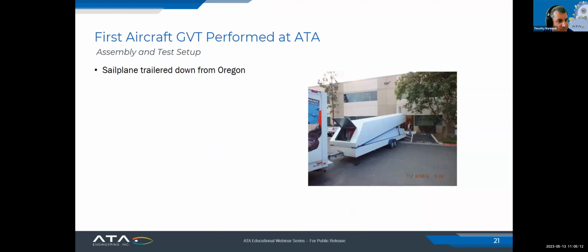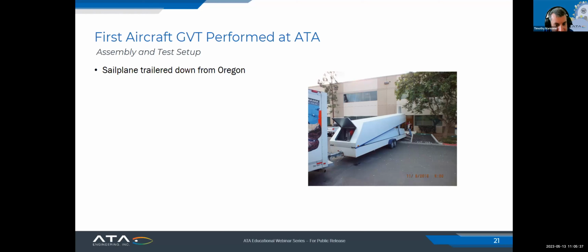This was kind of interesting because most of the time when we're performing these tests, we're going to the customer site. As you can imagine, people are generally not flying 747s or military aircraft down to our test lab to test. So all of our equipment is designed to be portable to go to the company.